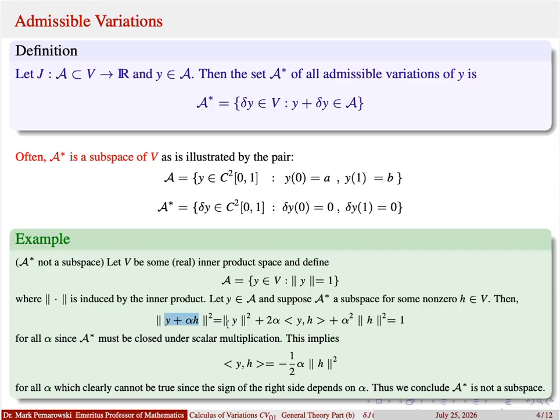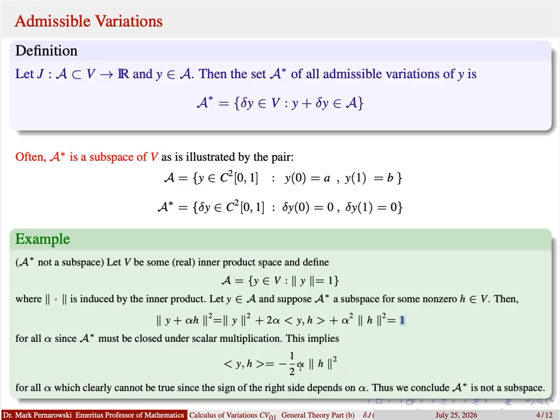Well, you use the inner product to expand this out. I want this whole sum to equal 1, but on the left side I know the length of y is 1, so that will cancel the 1 on the right side. Then I can solve for this inner product: y inner product h is equal to this quantity.